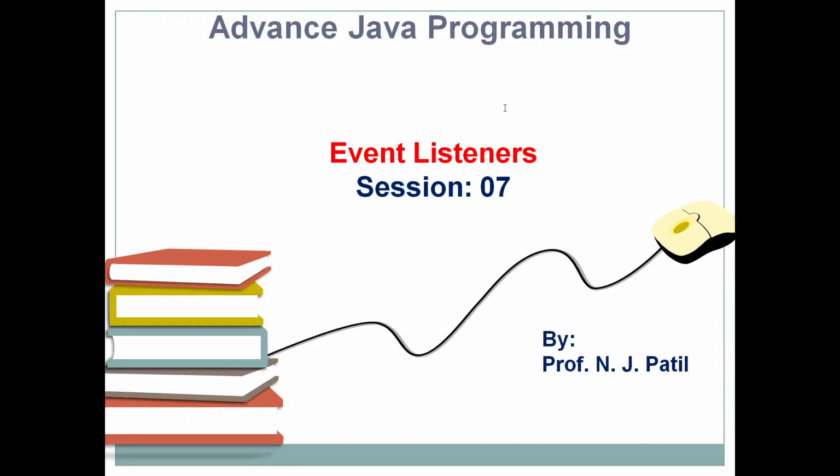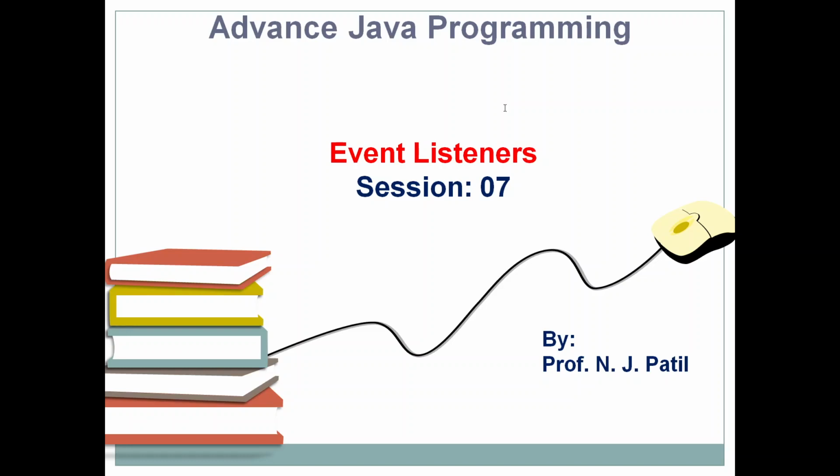In the last session we saw that the listener class is used to handle events in Java. A listener class is a class which inherits a particular listener interface. In the last case the class was MyListener, which was implementing the ActionListener interface. In the same way, for different events we have different listener interfaces.